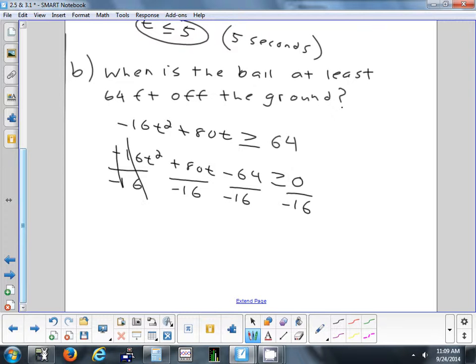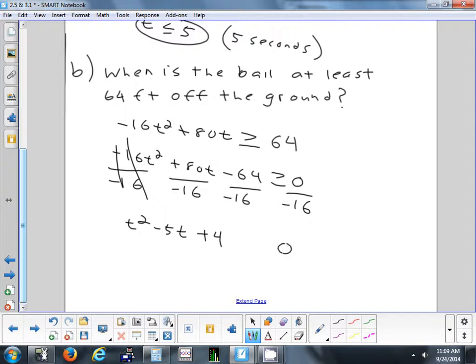So those are going to cancel. We're going to get t squared. 80 divided by negative 16 is negative 5t. Negative 64 divided by negative 16 is plus 4. And on the other side, we have 0.